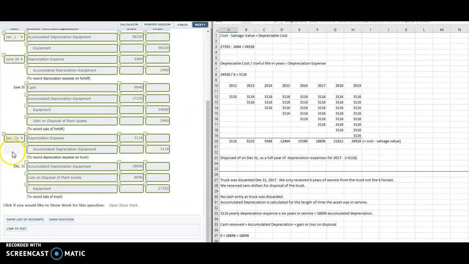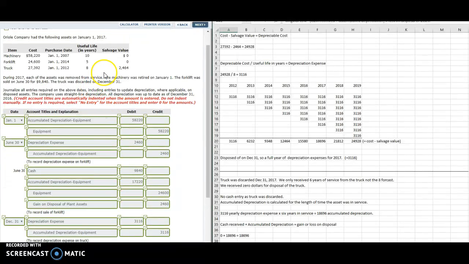And on the truck, they disposed of it December 31st, so that's the date that we would use for our journal entry. And our depreciation expense, we would debit of $3,116, and then we would credit accumulated depreciation of equipment for $3,116 to balance those transactions out. And then for our final journal entry, we would figure out what our accumulated depreciation on the equipment is.